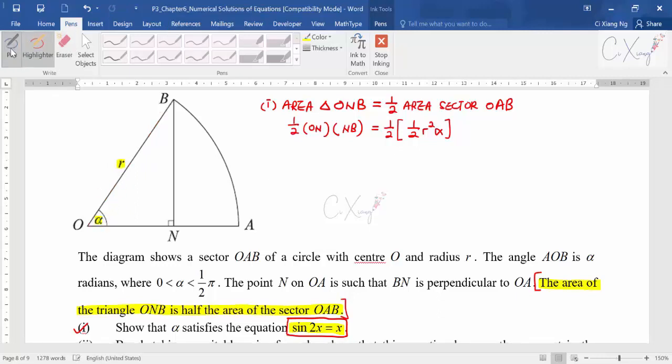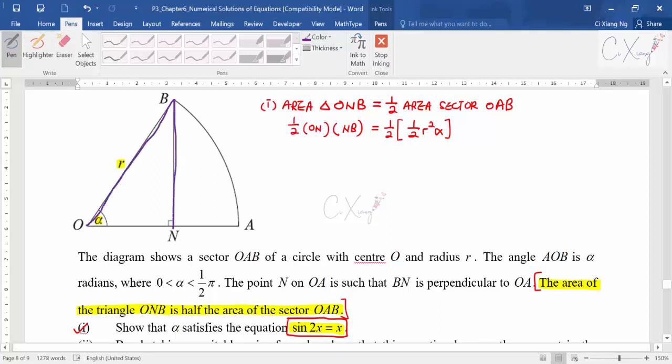Now I would like to use this triangle to show you. If you focus on this triangle, sine alpha is equal to NB, or BN, over R, opposite over hypotenuse. Therefore, NB is equal to R sine alpha.